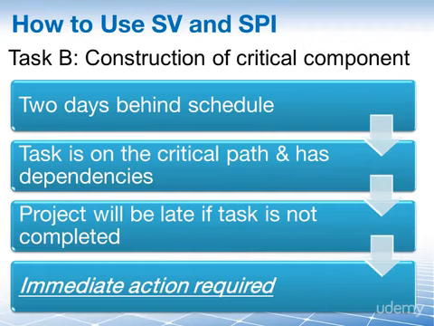Our schedule variance and schedule performance index is really, really bad, but it's okay. But here on task B, even though we're only a fraction behind, we need to take immediate action. So the numbers of SV and SPI are just that, numbers. You have to apply them to your project and situation.